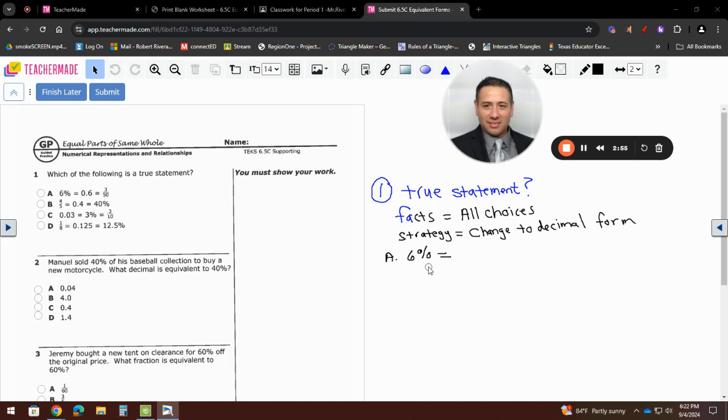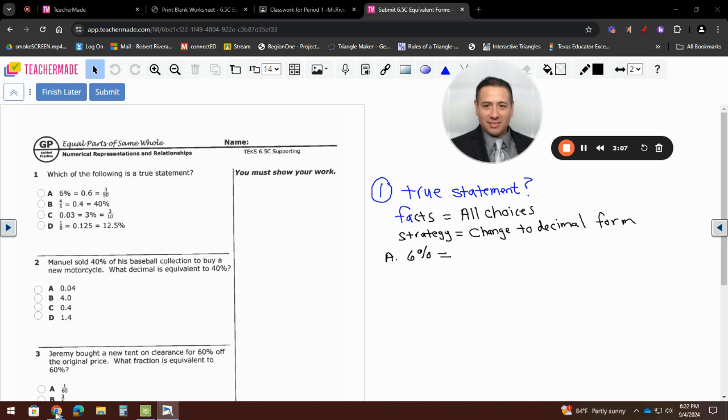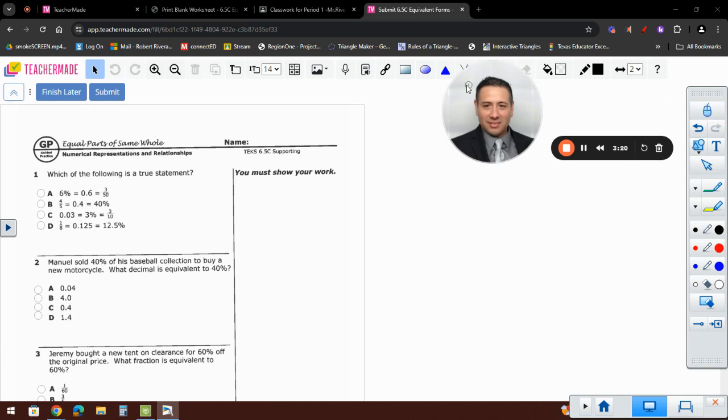So in our triangle, we learned that to go to decimal form, let me see, where's the, to go to decimal form, let me get rid of this, sorry.